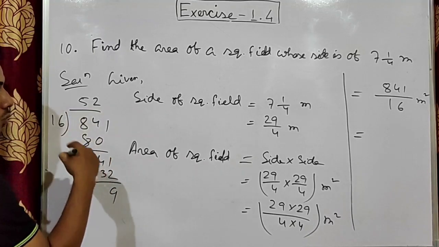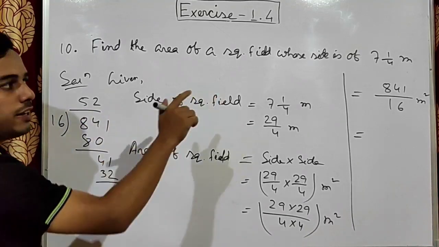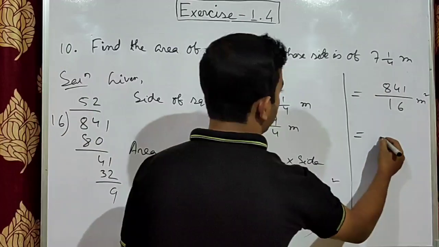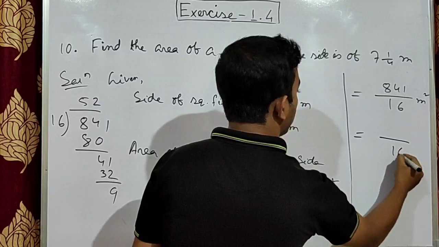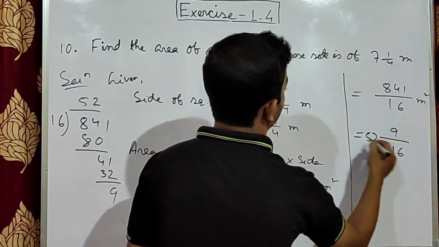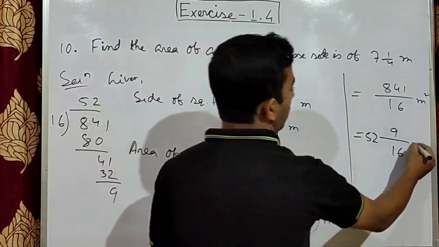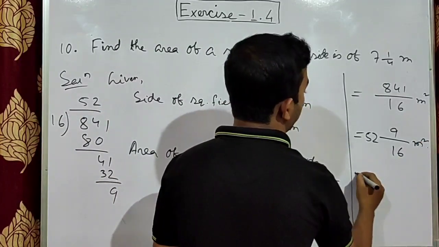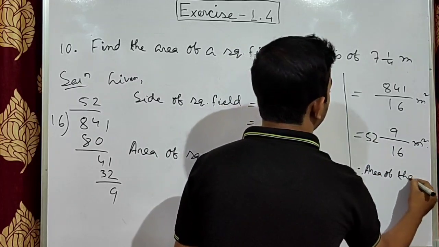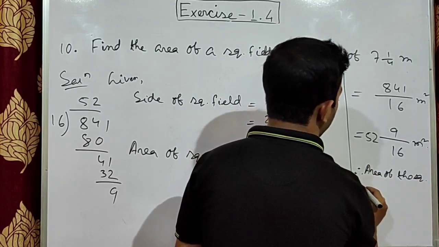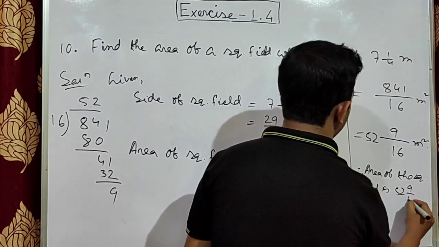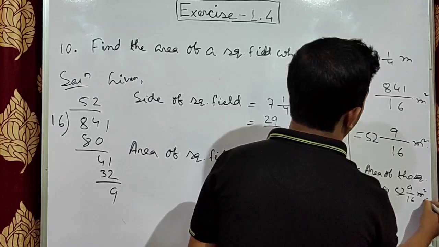So if we want to convert 841 divided by 16 into mixed fraction, we'll write 16 into 52 plus remainder, meter square. So we'll write therefore area of the square field is 52 9 by 16 meter square.